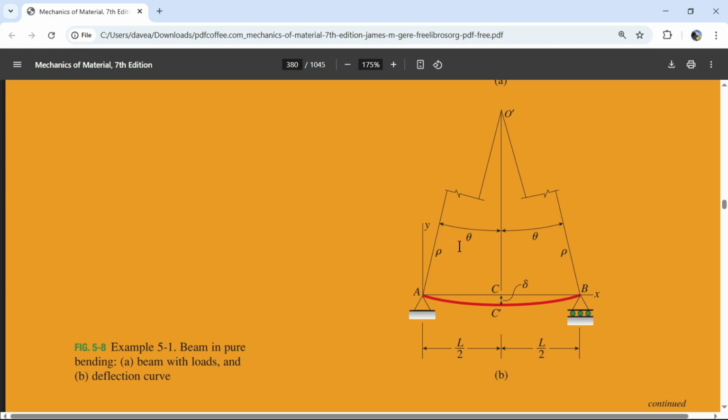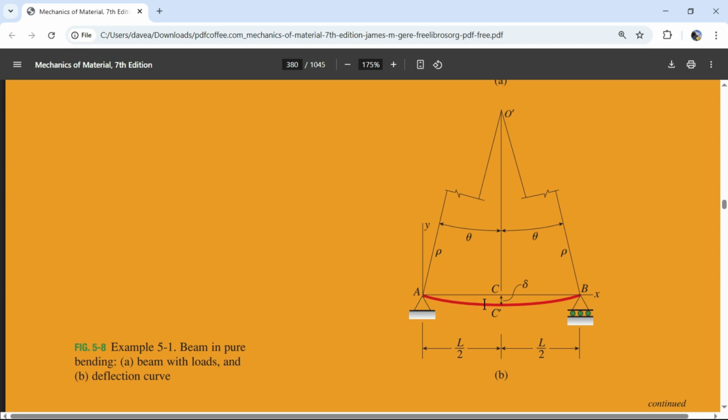I would take this whole thing to theta, be the easiest to visualize, because if I knew this angle in radians, and then I multiplied it by this radius, I would get this arc length, and that's going to be length L. So 2 theta times rho is equal to L. And so therefore 1 theta times the radius is equal to L divided by 2.